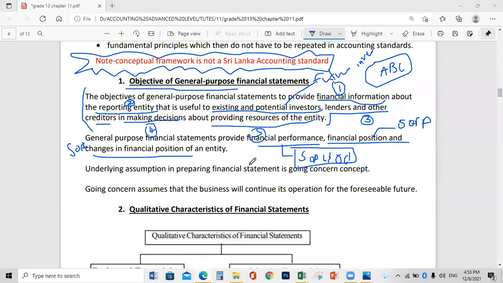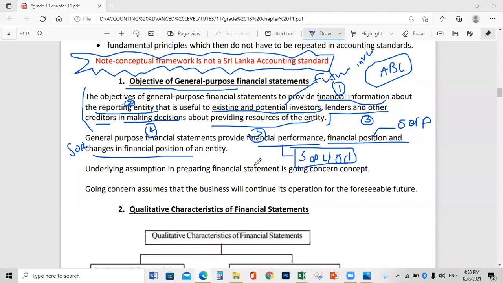Okay, clear? Now, guys, we are going to study the underlying assumption in preparing financial statements. When you prepare financial statements, you have to make an assumption.